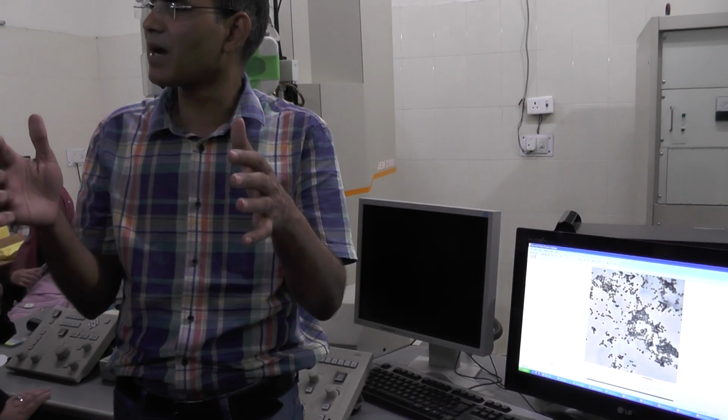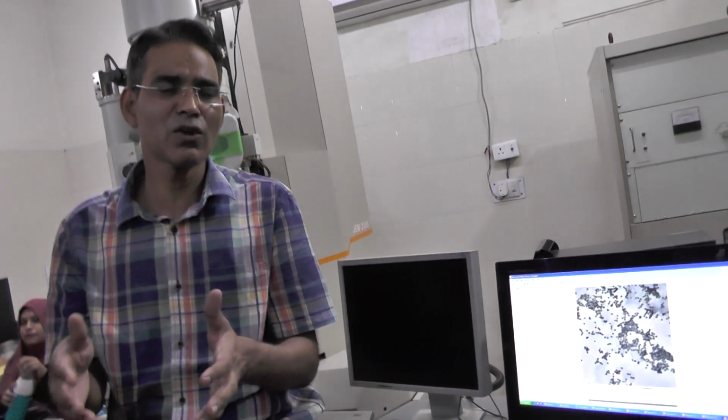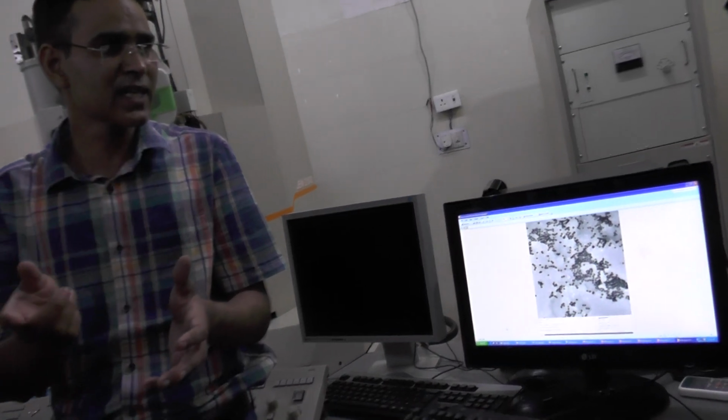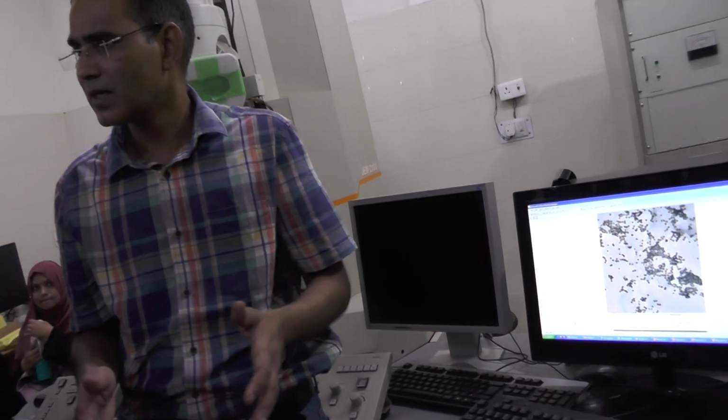Sometimes 2 or 3 particles combine together and form an agglomeration. If our materials are magnetic in nature or some magnetic interactions are taking place between them, that form can be obtained. Or the other thing, during preparation of the grid, it might happen you have placed a large amount of sample. In that case, agglomeration can also be seen in the image.